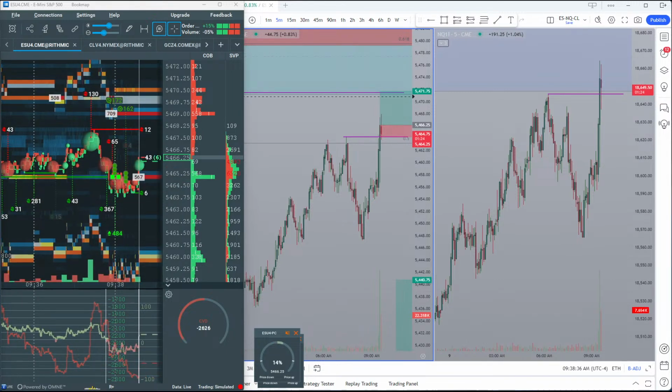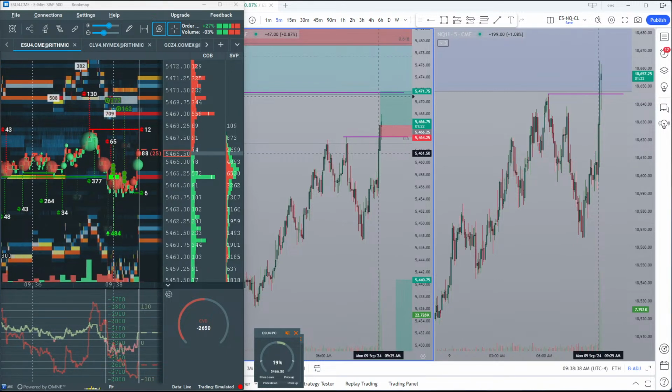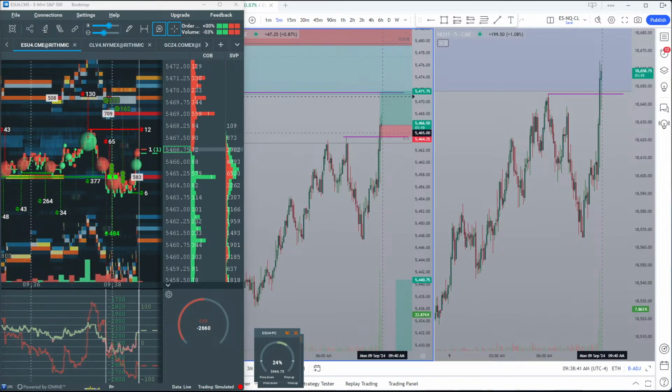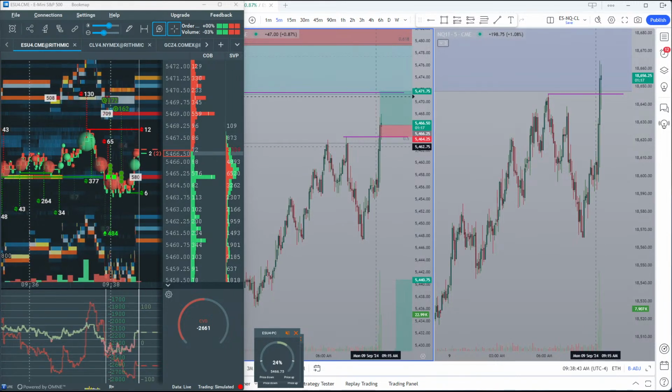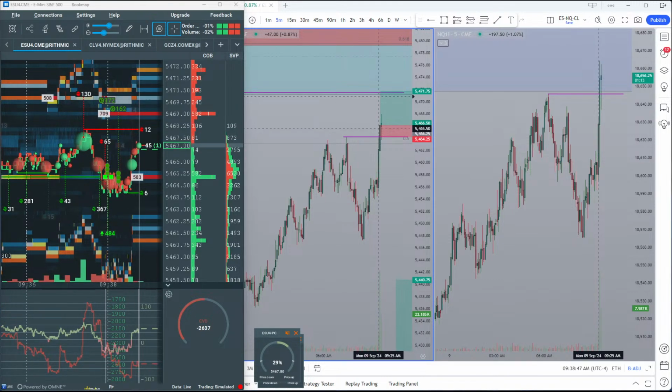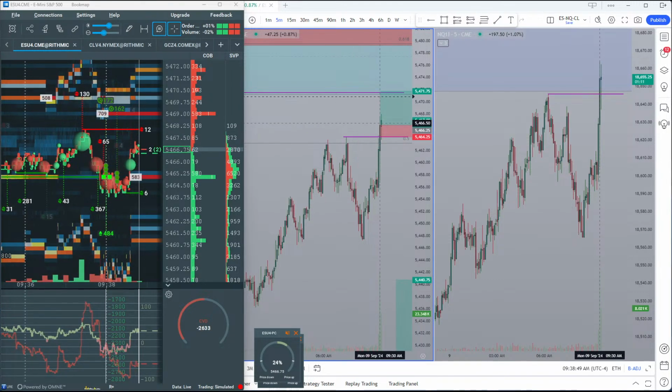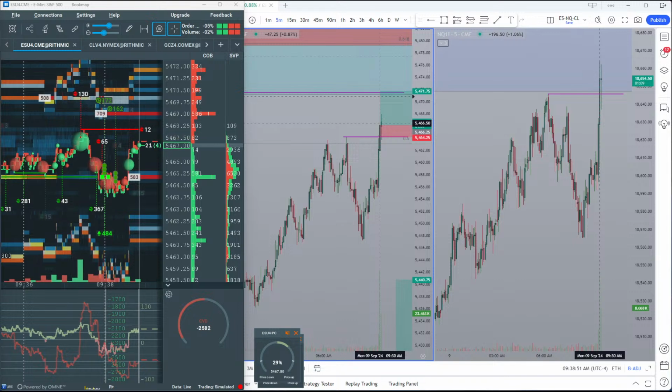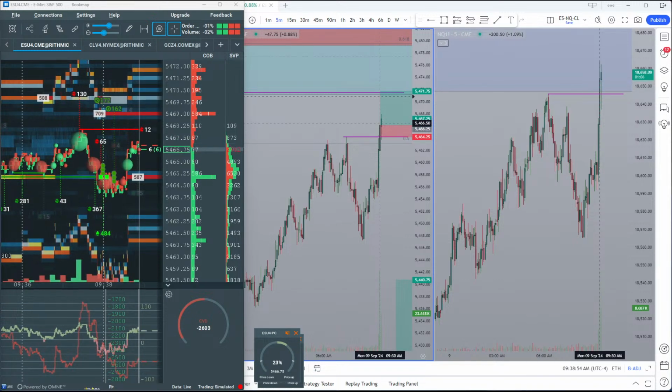If I re-enter here, we'll give that a shot on the pump if it continues. The stop's going to be the same original stop back in the longs, but I don't know, man. Really gonna have to see a strong move above 54.68.25 right here.